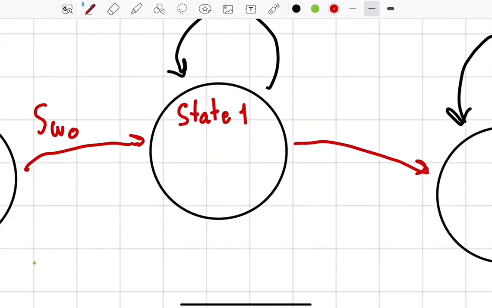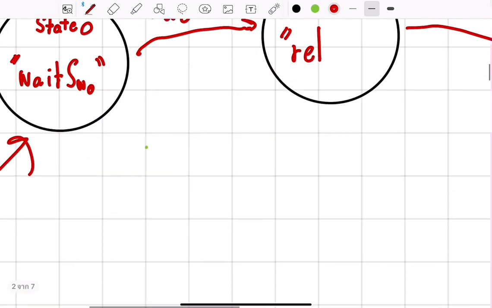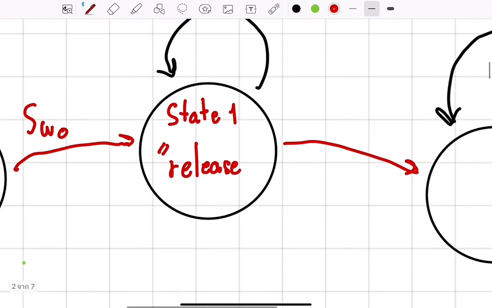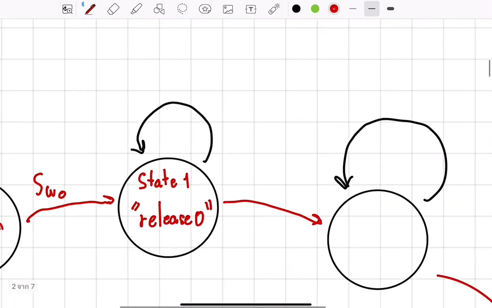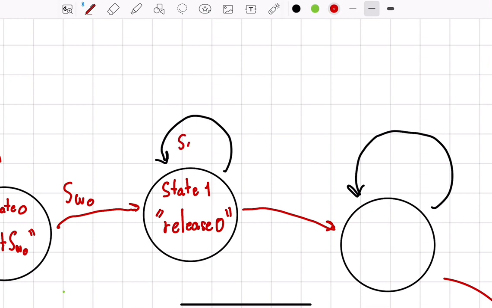State 1 is release 0, sorry, release 0. When I put switch 0, it works again.